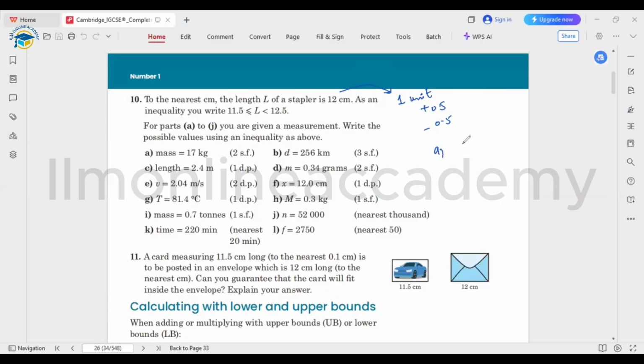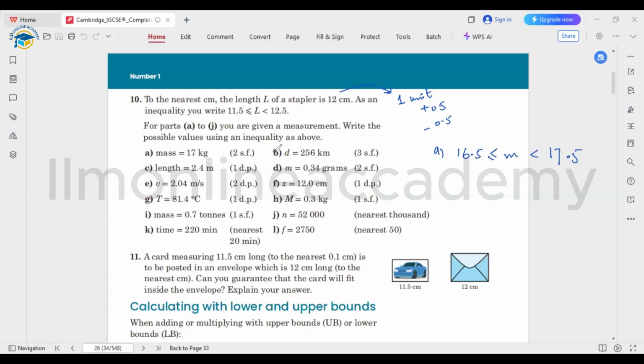Okay. So first of all, to find the lower bound, we need to subtract 0.5. It will be 16.5. And as this is mass, I'm using m over here. And for the upper bound, we need to add 0.5, giving 17.5. 0.5 we need to add and 0.5 we need to subtract.